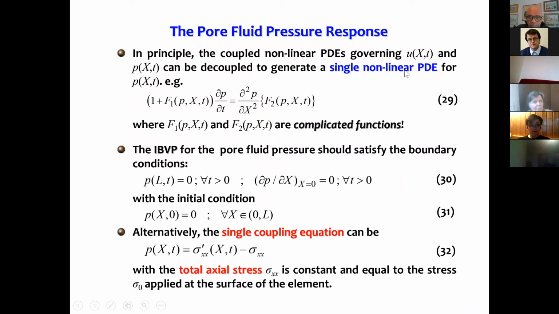I can decouple the pressures, and then that gives me another nonlinear partial differential equation for the pressure variable. Again, they are complicated functions, and it is virtually impossible to get a solution in an exact closed form or in some form.